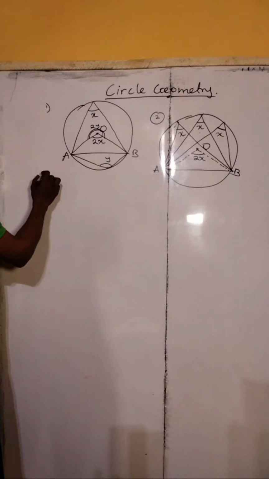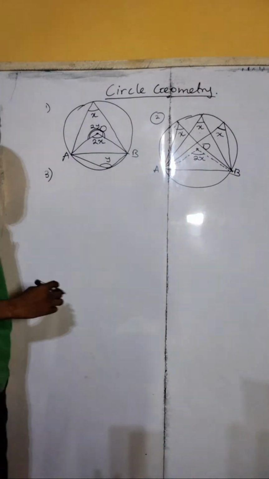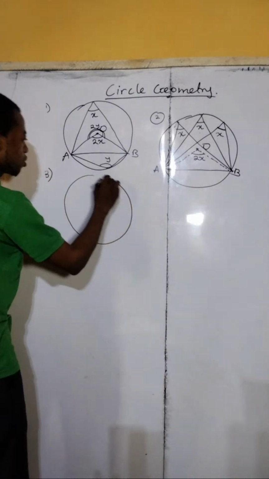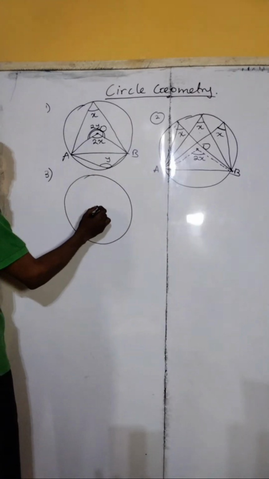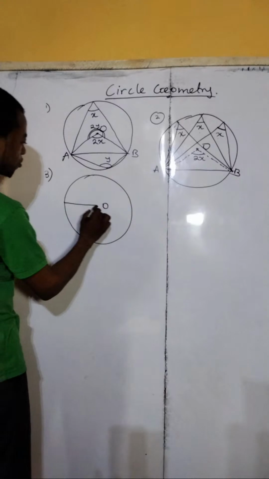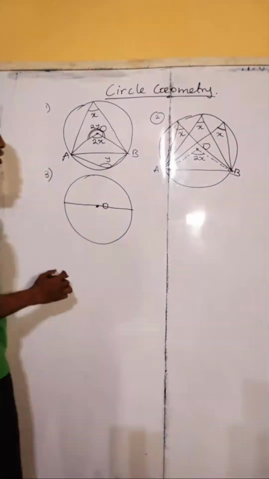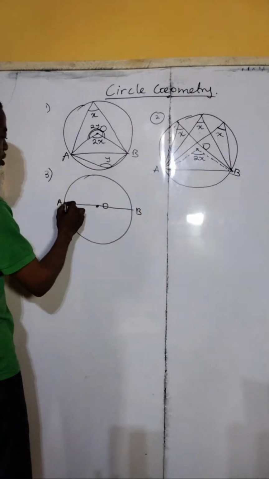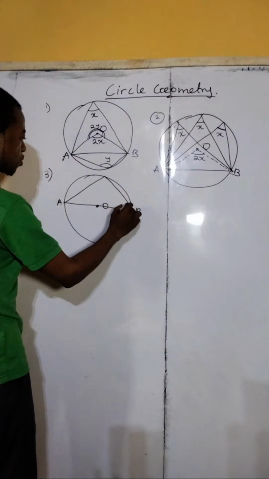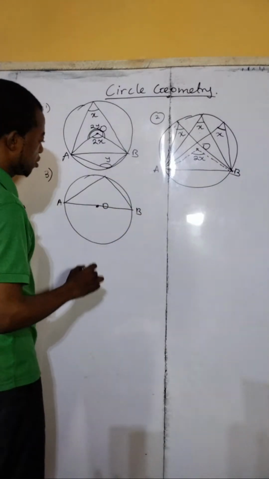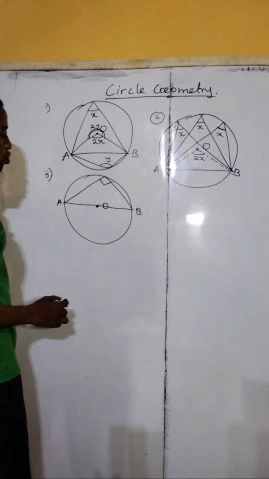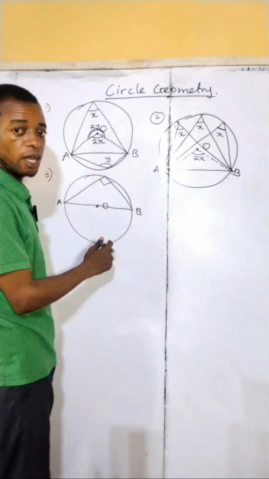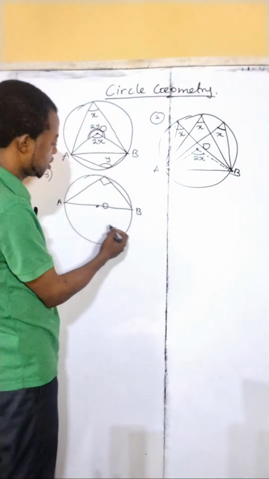And now we have another theorem, number 3. Also, when we have a circle with center O and we have a diameter, the diameter is passing through the center. Let's label it as diameter AB. The angle formed by this diameter on the circumference, this angle here is 90 degrees from the theorem. It follows from theorem 1 as well, which implies that angle at the center is twice the angle at the circumference.